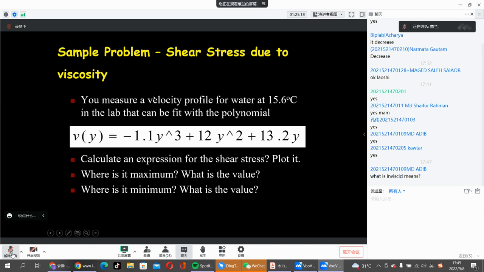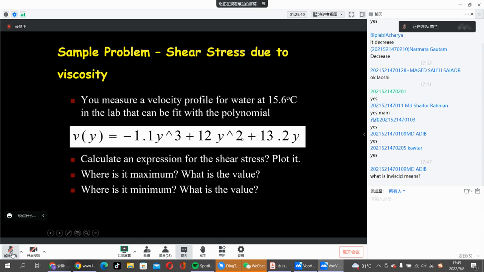And say here, if we measure the velocity profile for water in a pipe, that can be fit with a polynomial. The velocity is a function of y, and is equal to minus 1.1 y to the power of cubic.